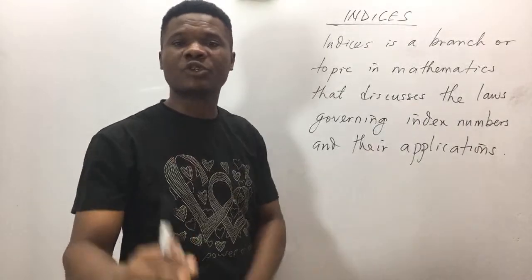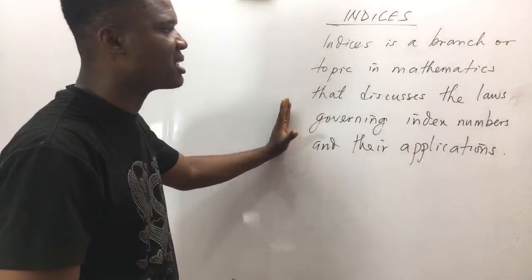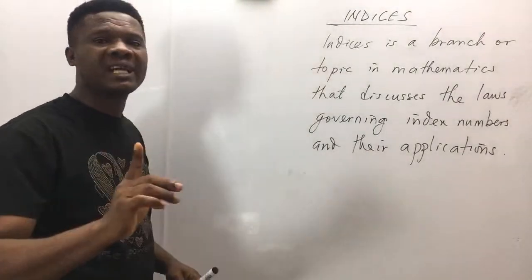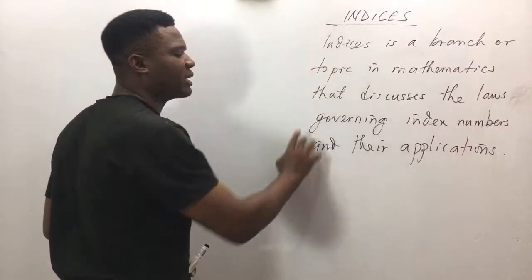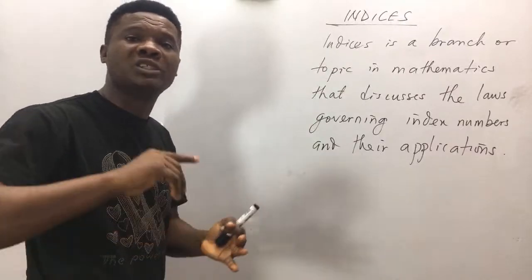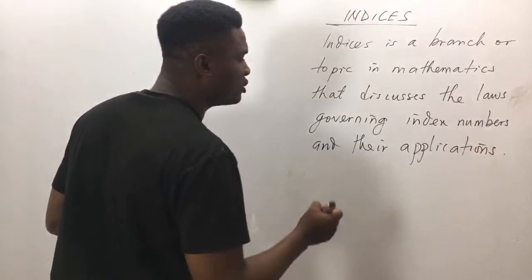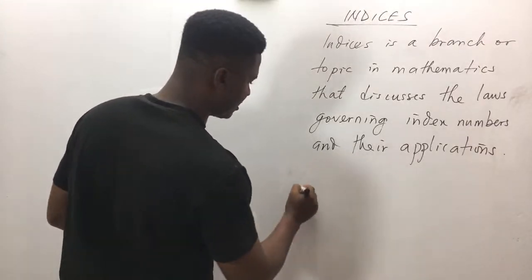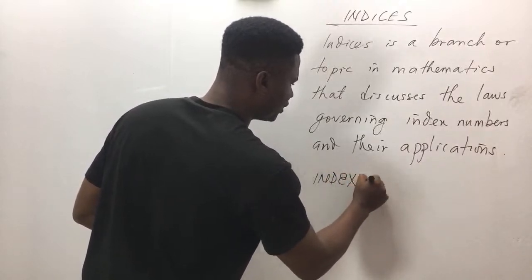So indices is a branch of mathematics or a topic in mathematics that discusses the laws governing index numbers and their applications. So that being said, now that we know what indices is, let us now go to the next thing I want you to understand. Now these things will guide us to what we shall be discussing proper, which is the laws of indices. So the next thing I want you to know is index notation.